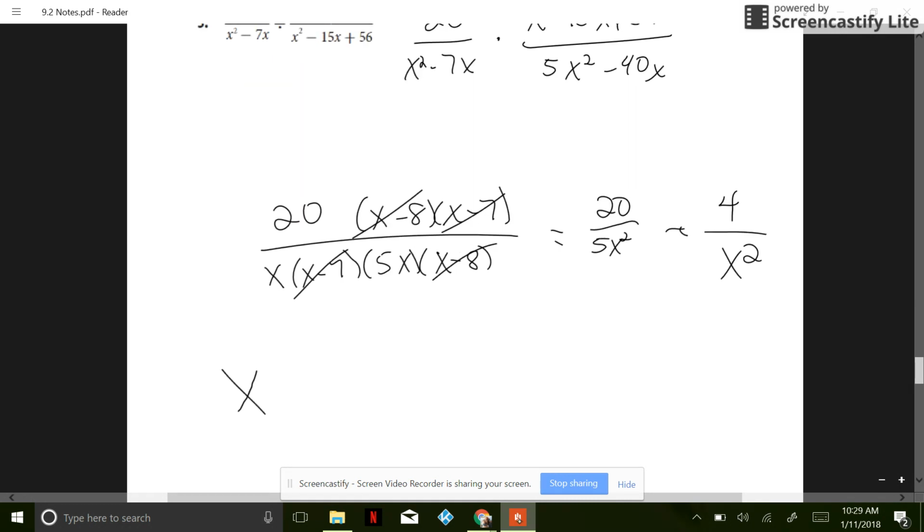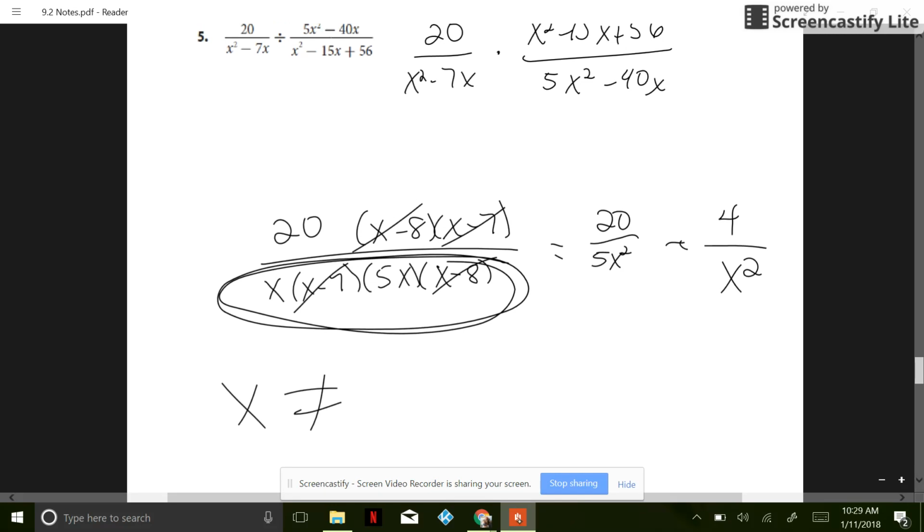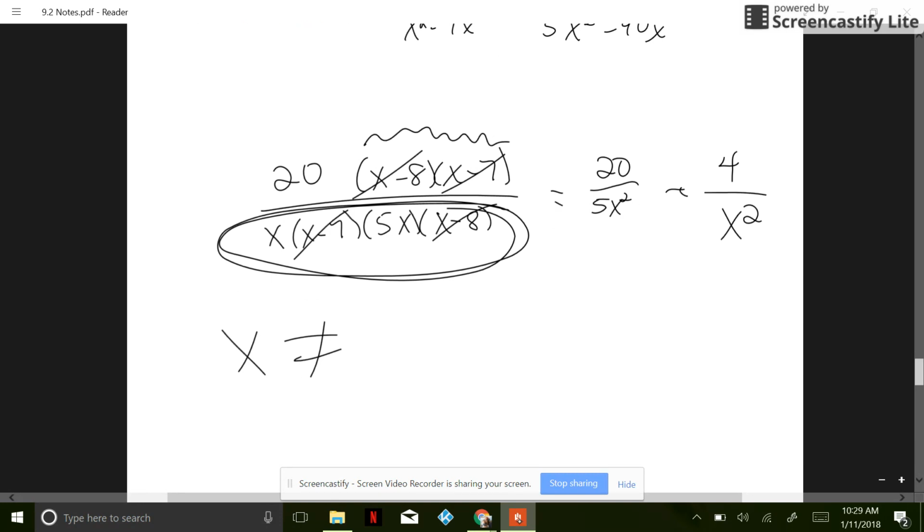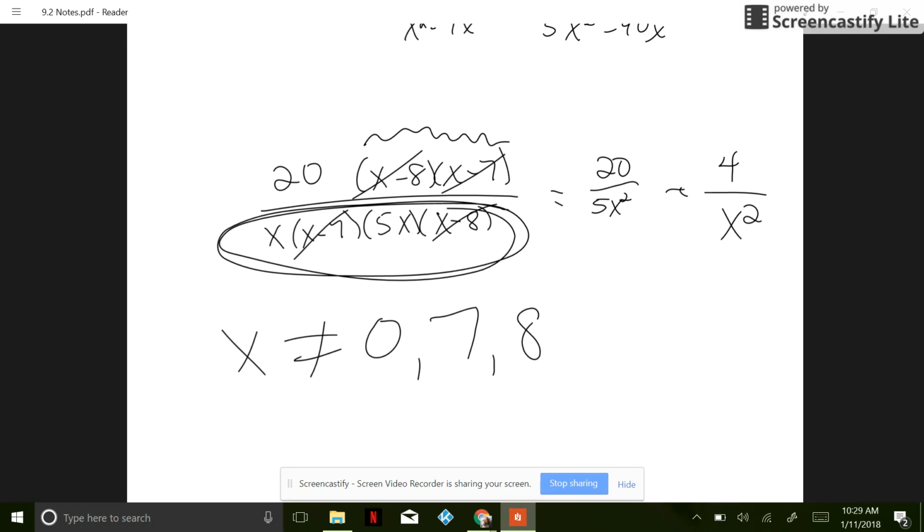So when we think about our excluded values, we want to think about everything that's in the denominator now, as well as what was in the denominator here, which is now the piece in the numerator here. So x can't be 0, it also can't be 7, and it can't be 8. So nothing really additional here since those 7s and 8s are the ones that are canceling anyways. So those are the excluded values.